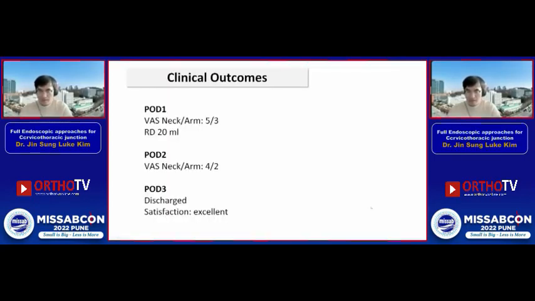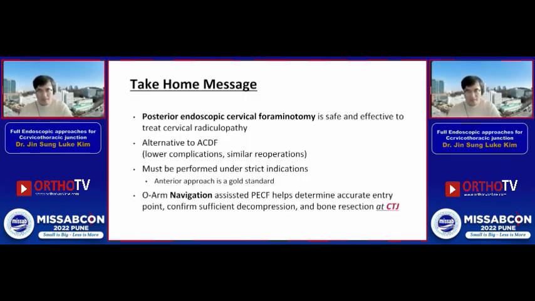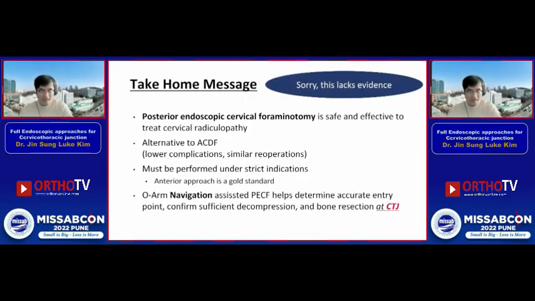X-ray and outcome, not bad, but unfortunately the patient's clinical neurologic status didn't improve, so no obvious improvement so far. Anyway, this is my take-home message, but sorry, this lacks evidence because of limited cases. I believe posterior endoscopic cervical foraminotomy is safe and effective. There's no argument that it is safe compared to the transsternal approach.